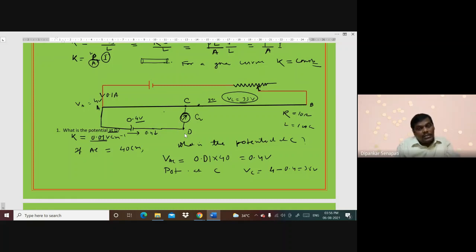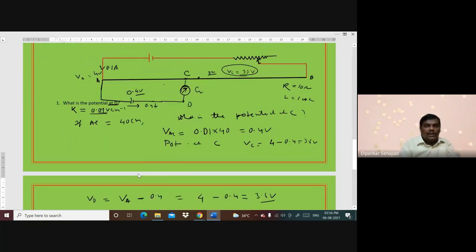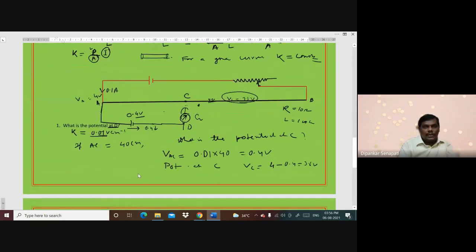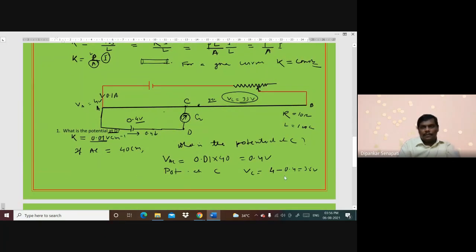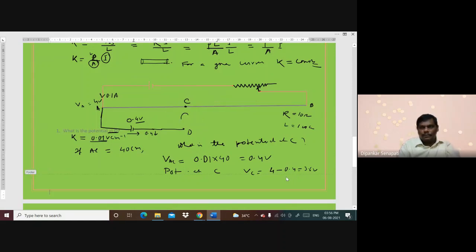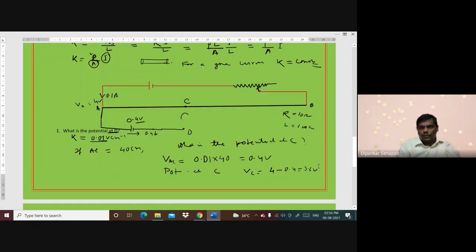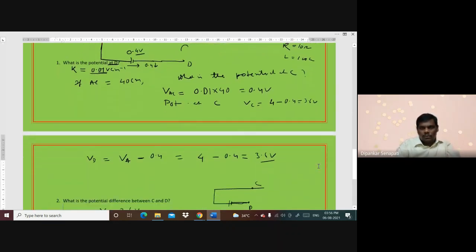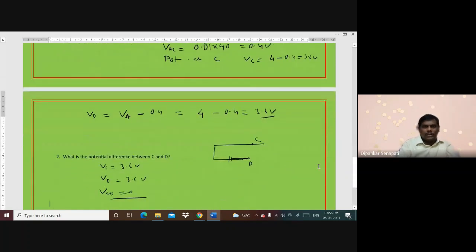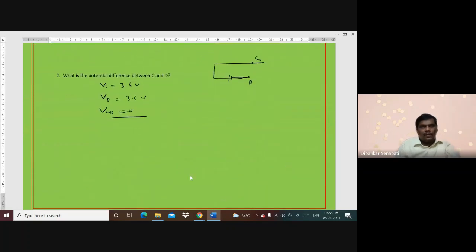So, conversely, if no current flows through the galvanometer connected across C and D, then we confirm that C and D are at the same potential. C and D will be at the same potential, and no current flows through this.